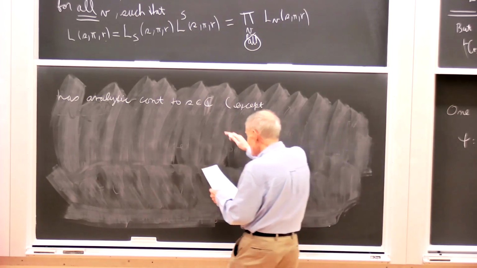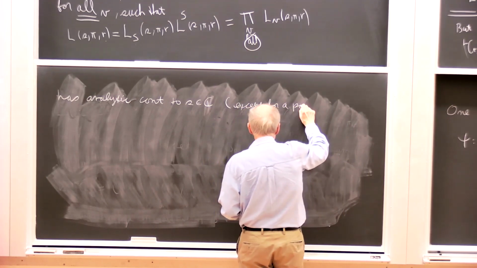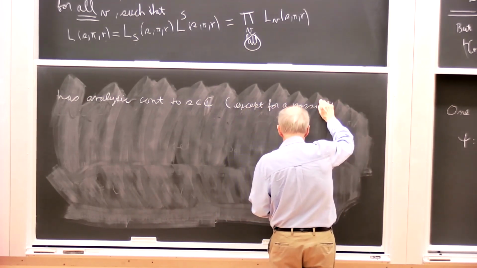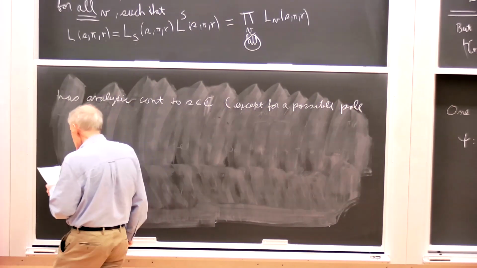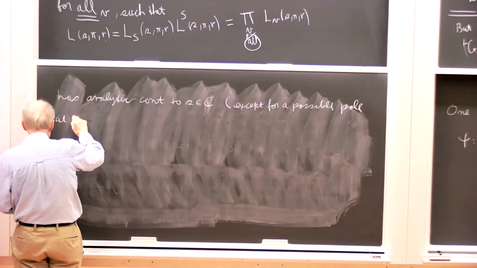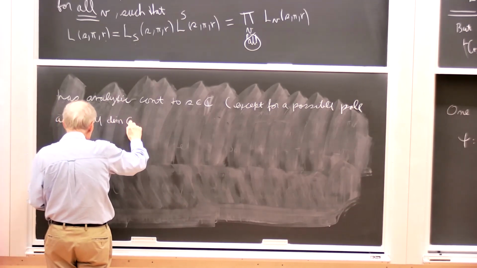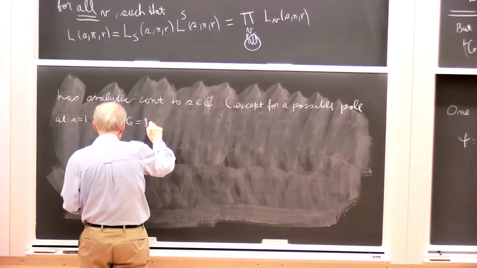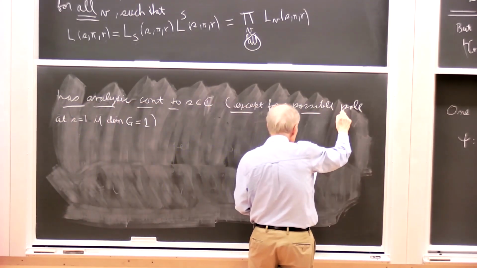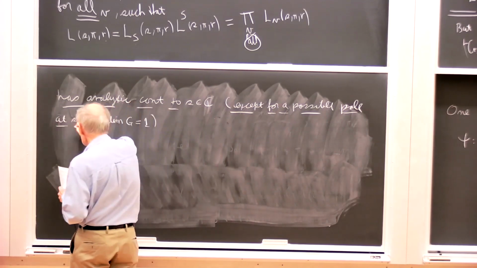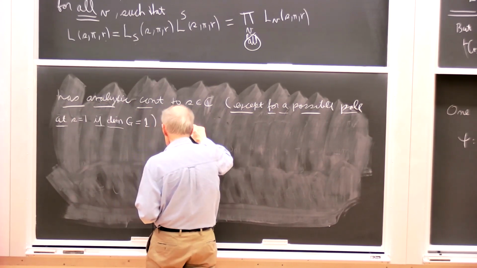So with that, except for a possible pole at s equals 1, if the dimension of the representation is 1. I'm assuming here that this is something that occurs in the discrete spectrum and even is a cuspidal automorphic representation, and satisfies.